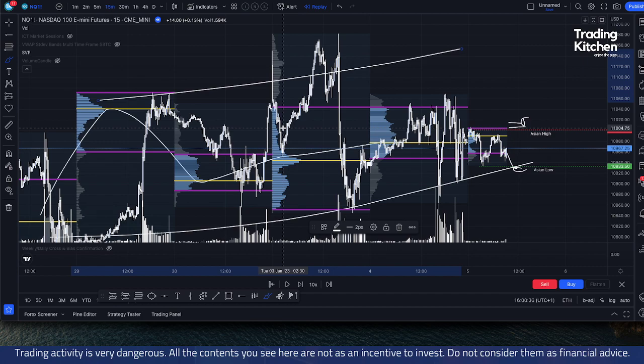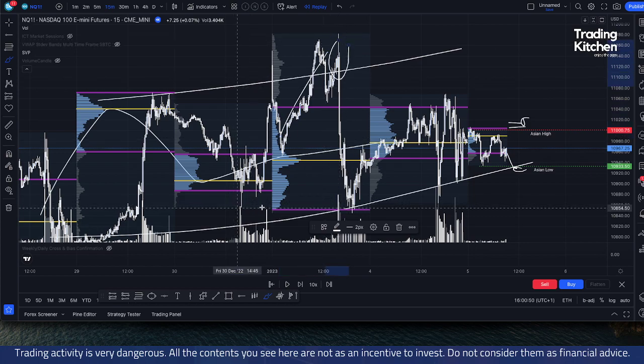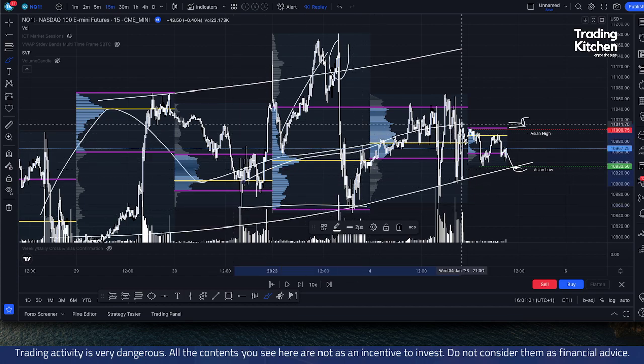The session volume profile tells me that we probably are bullish, even if, as you can see, we have this huge reaction that failed to break the structure here. But price now is consolidating over here.